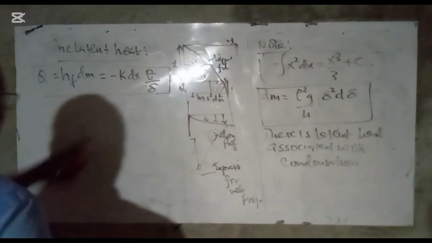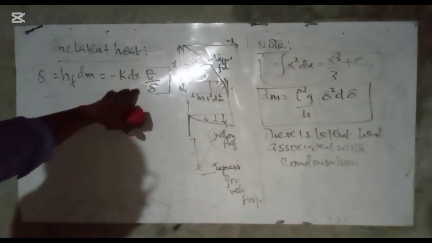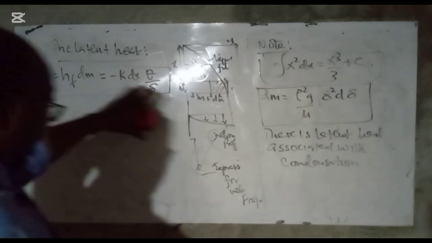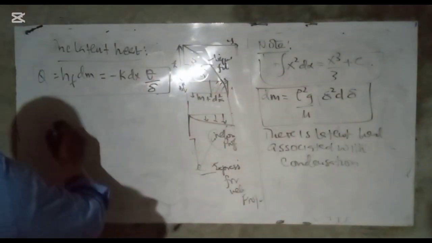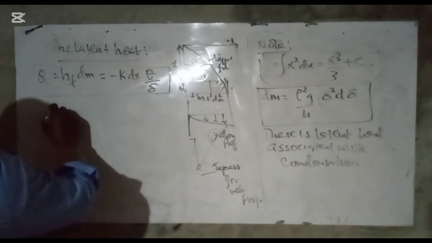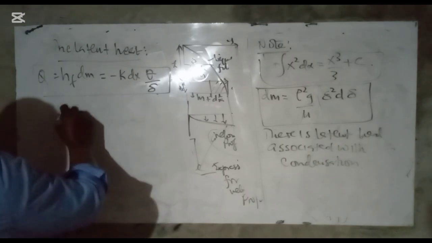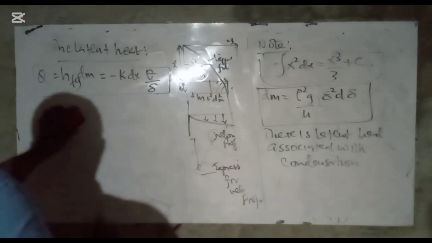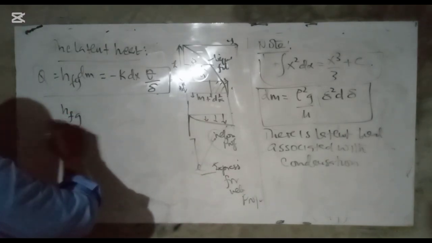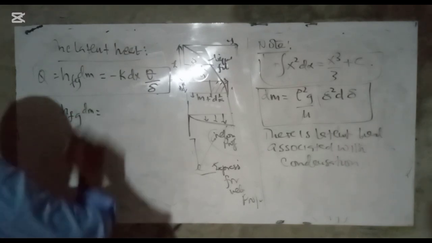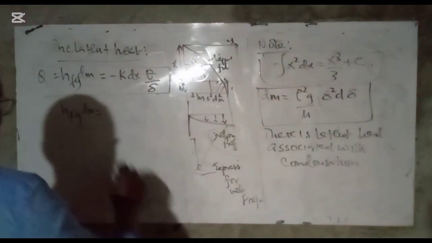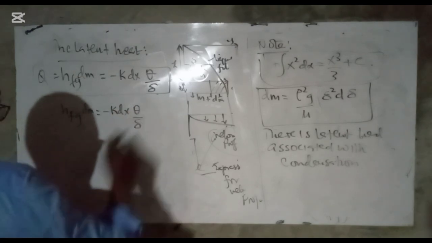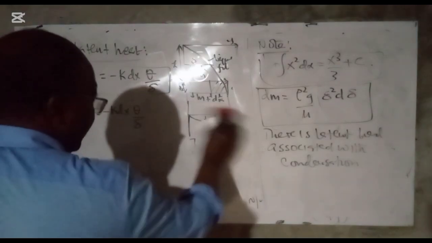Remember that that is from Fourier's heat law. Now we have a dm there, so we have hfg for that condensation, which will be minus k d theta over d sigma. We can now remove this.